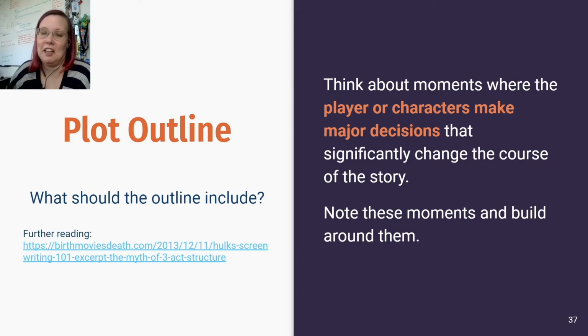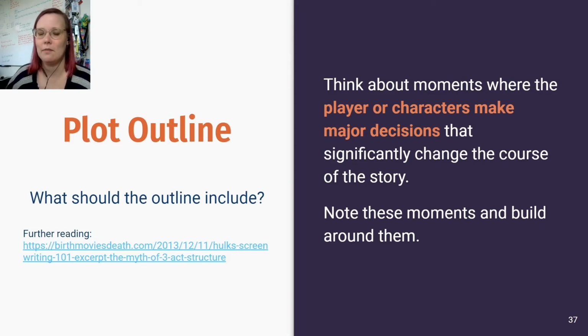I didn't really know how to write a story when I wrote the story for Quench, and the article that is listed here, written by the Film Hulk, is Screenwriting 101, excerpt The Myth of the Three-Act Structure. It talks about how the three-act structure that you may have learned in English class in high school really sucks and isn't that useful as a method of constructing storytelling.